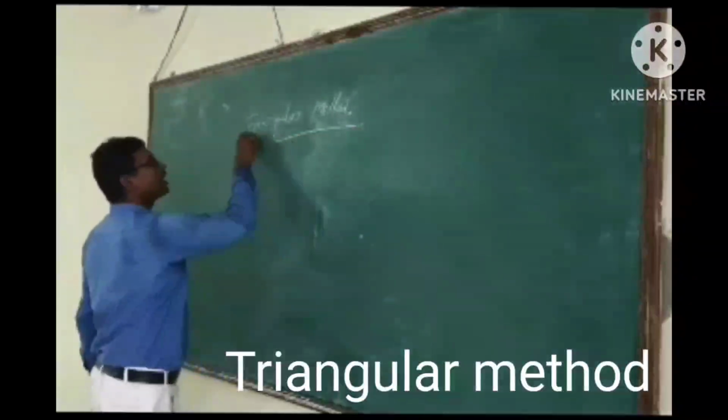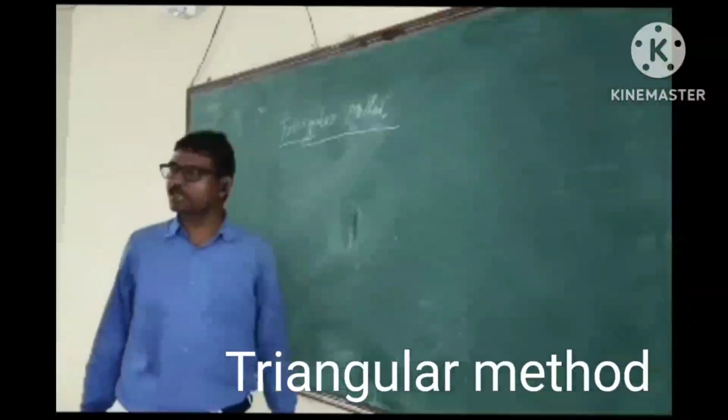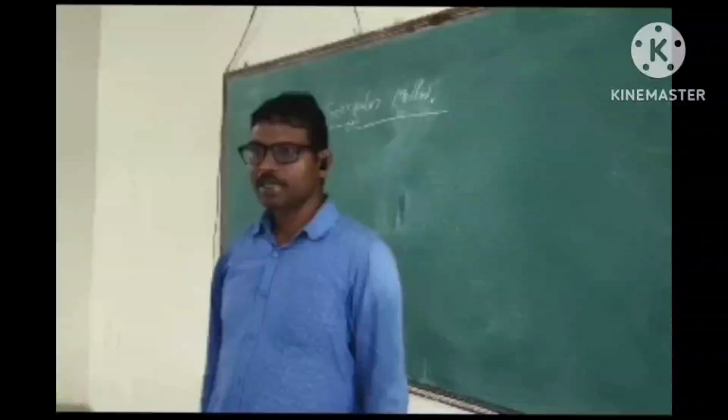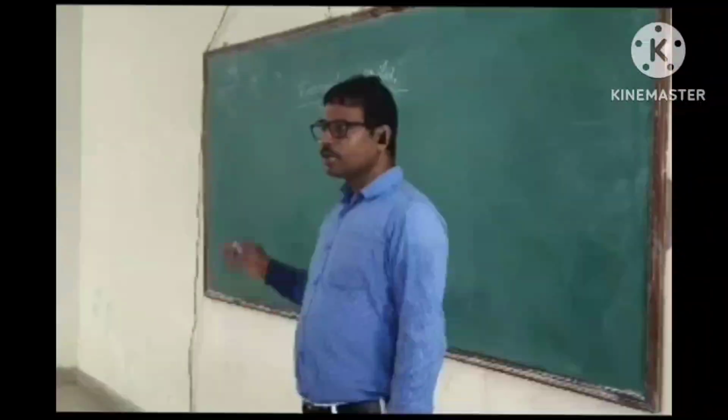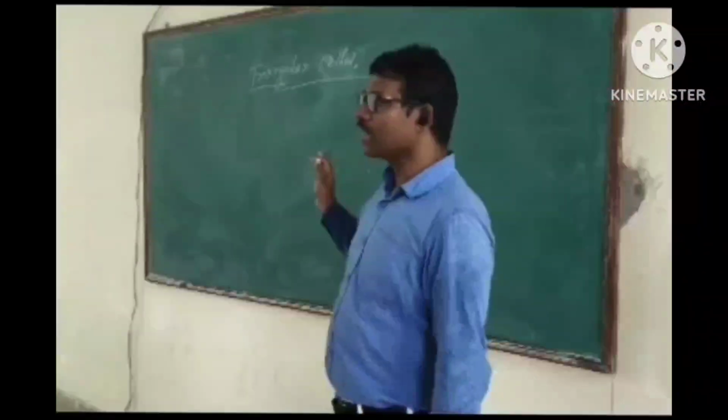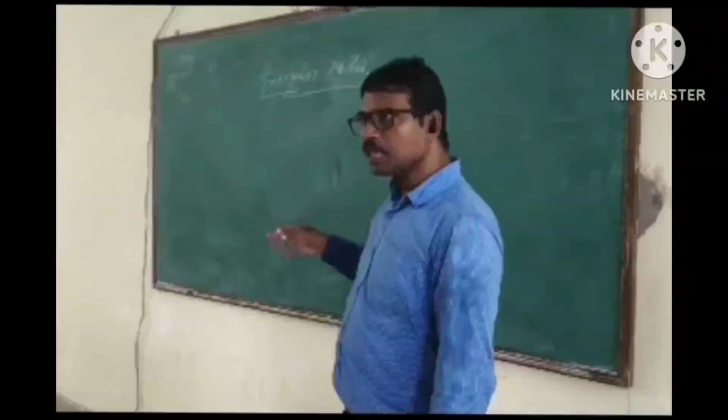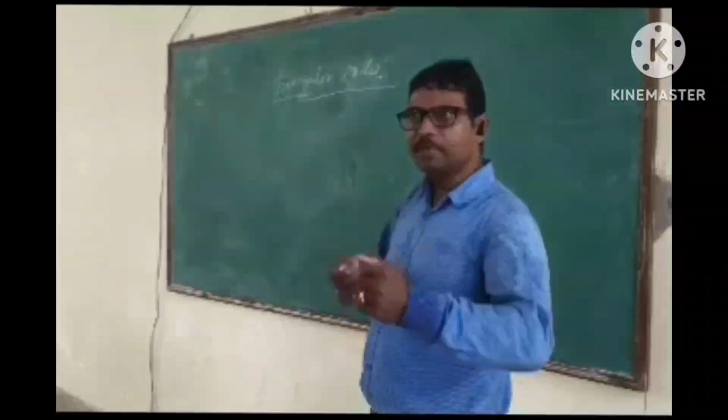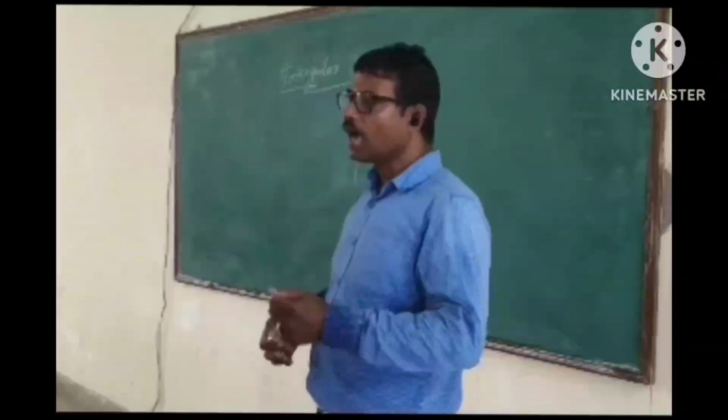As its name suggests, triangular method means you must require a triangle. By using this method, you can measure the height of a tree, height of a tower, height of a hill.